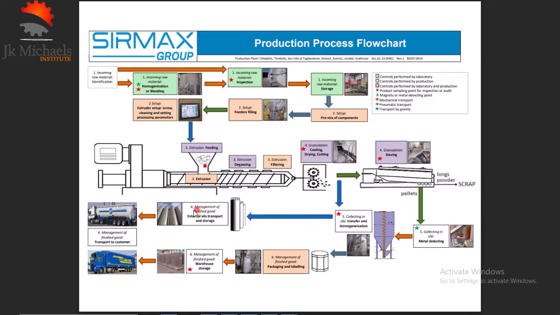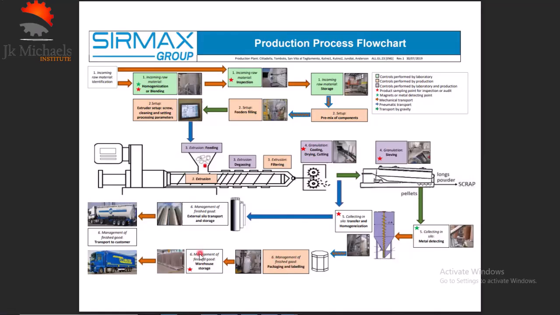And then we proceed on to step 6, which is the management of the finished goods, external silo transport, and storage. This probably is our internal silo. And then we'll have what? External silo transport and storage. Right. Now, for those collected in silo for transfer and homogenization, we also have step 6, management of finished goods, packaging and labeling.